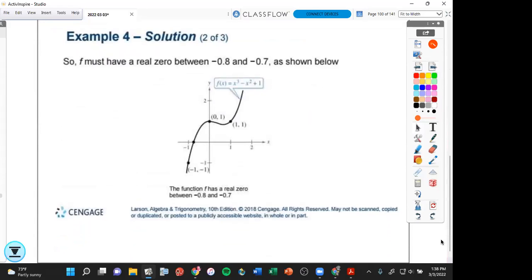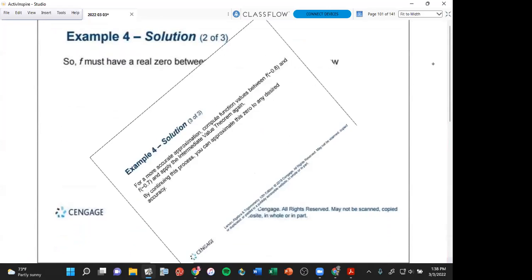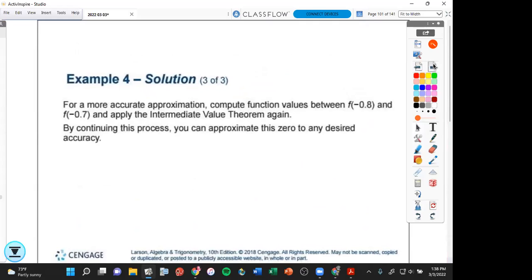And by looking at the graph, it makes sense that somewhere between -0.8 and -0.7, there does in fact exist one 0. If we wanted to keep going, we could have plugged in maybe -0.75, and we could have gone on and on as far as we wanted to see how close we could get to the actual 0.